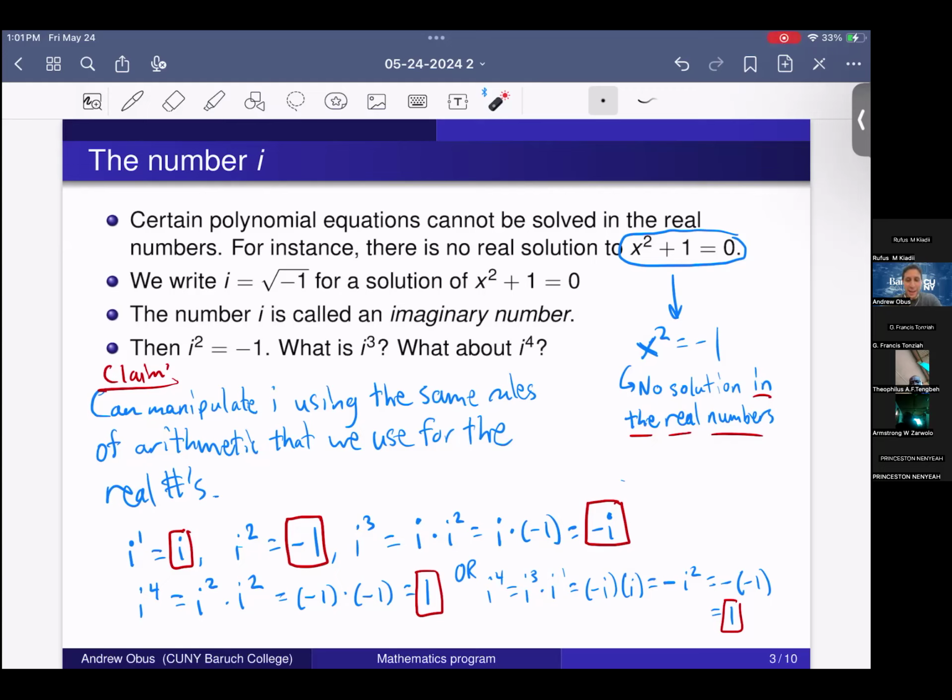We had to invent negative numbers, fractions, real numbers, and complex numbers. But the natural numbers are somehow out there. We just had to discover them. We didn't have to invent them. That gels with this philosophy that we're inventing all of these new classes of numbers because we need to solve certain equations that we can't solve unless we have a new type of number.